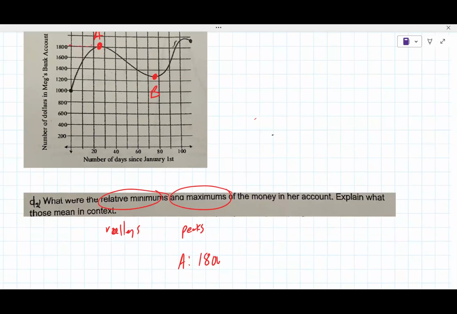Okay. At B, what is the y value? 1,300. Okay, all right, go ahead and get that down, please.